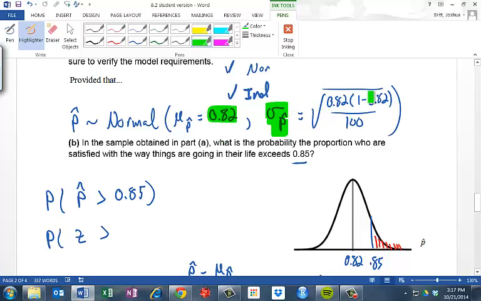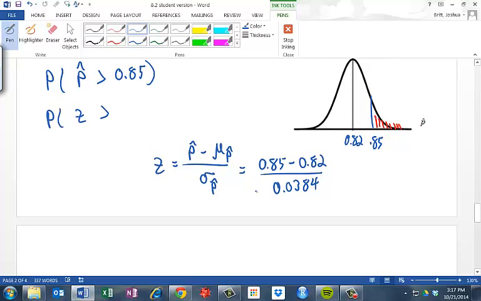Once you calculate this square root here, then you'll get that value 0.0384. So we get z, and 0.85 becomes 0.78.